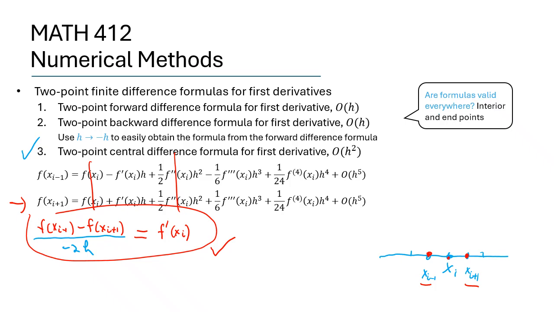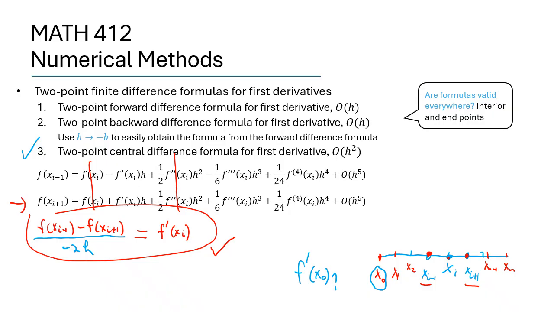Be very careful. If this is x0, the first point, then x1, x2, and so on, and the final point is xm, with xm minus 1 before it. Can we apply this formula to x0? Can we use it to find this one?